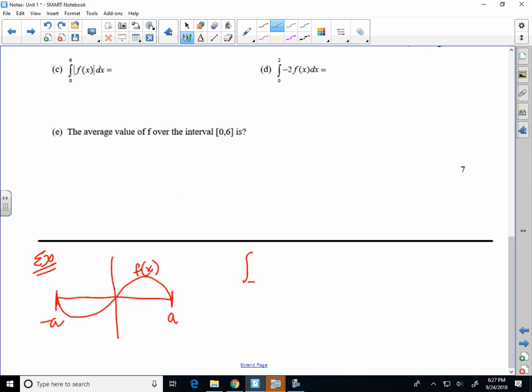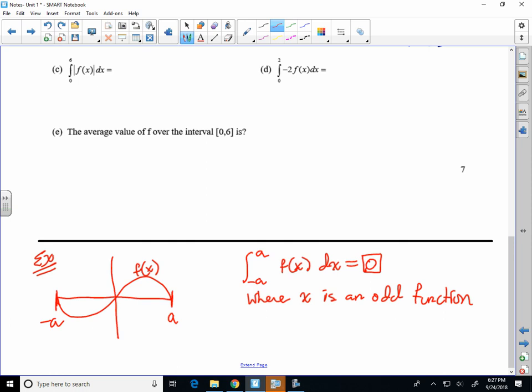If I were integrating from negative a to a, this function f of x dx, where f of x is an odd function, oh my god, this is out of hand. The result is going to be 0.